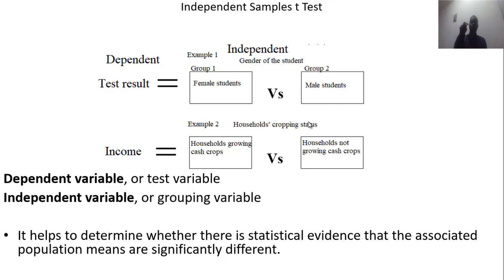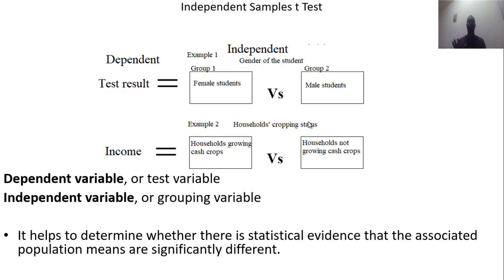When you say gender, basically there are two gender roles, female and male. When you come to household cropping status from the point of view of growing cash crops, then you can categorize households into growers of cash crops and non-growers of cash crops. Therefore, the independent variable should be categorical.